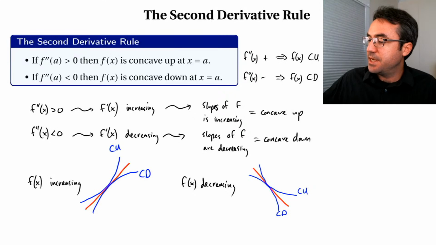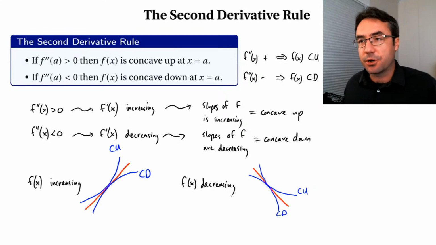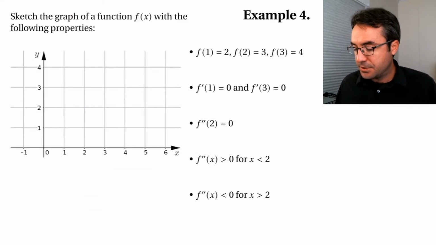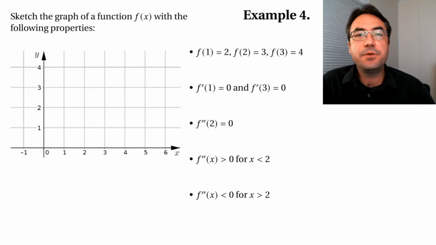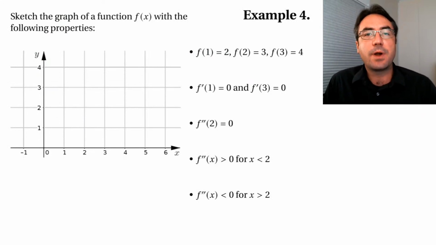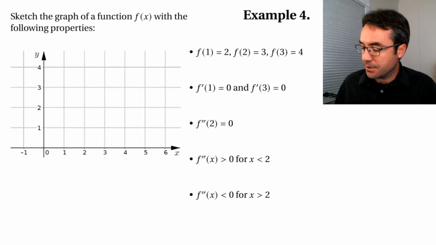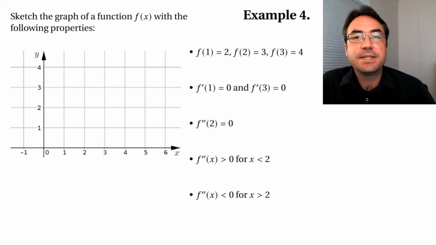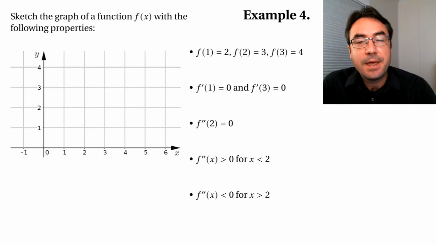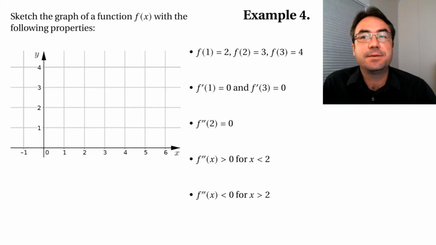All right, so let's see an example where we have to sketch the curve. Let's look at this where we're given a few different properties, unravel what each of these mean, and sketch an example of what this function might look like. So let's start with the first property. It says f of 1 is equal to 2, f of 2 is equal to 3, and f of 3 is equal to 4.